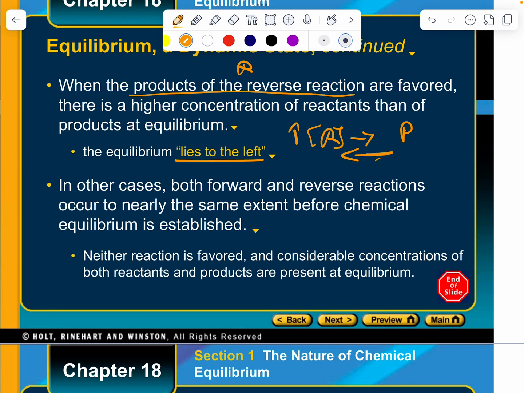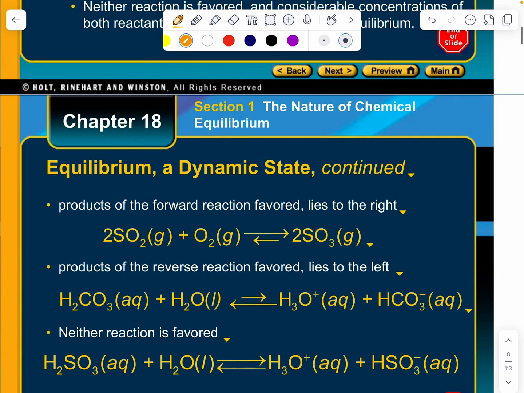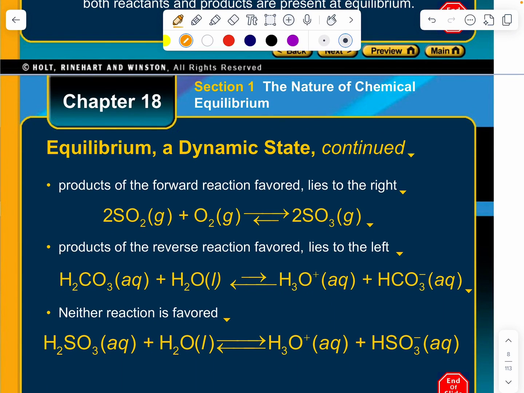In other cases, both forward and reverse reactions occur to nearly the same extent before chemical equilibrium is established. Neither reaction is favored, and considerable concentrations of both reactants and products are present at equilibrium. Here, as you see, the bigger arrow is going to the right. This means the equilibrium lies to the right.